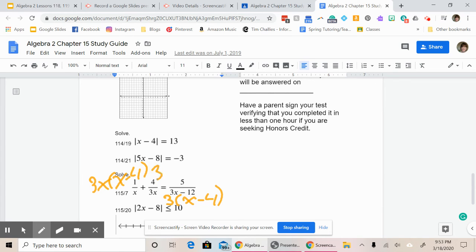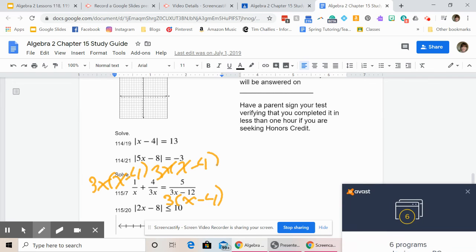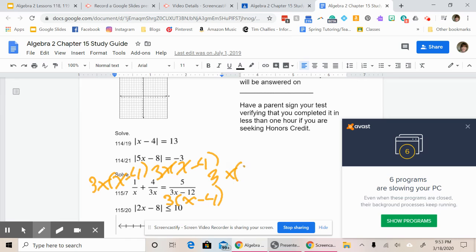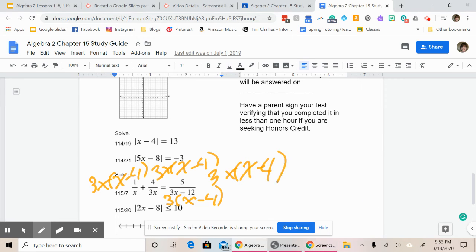Here, 3x times x minus 4 and 3x times x minus 4. What would that look like? Let me just do the canceling. That x cancels with that. 3x cancels with 3x. The 3's cancel, and the x minus 4's cancel.